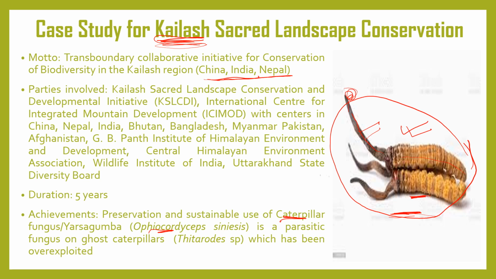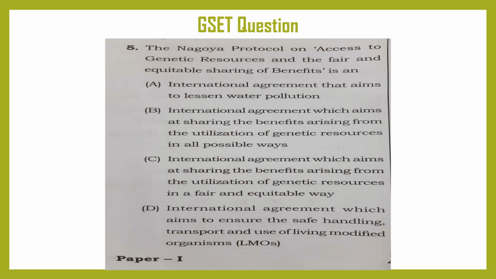This caterpillar fungus is found in the Tibetan region and the Himalayan region close to Tibet, that is in the Kailash region, in Nepal as well as in the Tibetan region. This particular species is getting endangered. So there are many measures. The local people are made aware of how to sustainably harvest this fungus, and not to overexploit it. So this is all about the case studies of Nagoya Protocol.